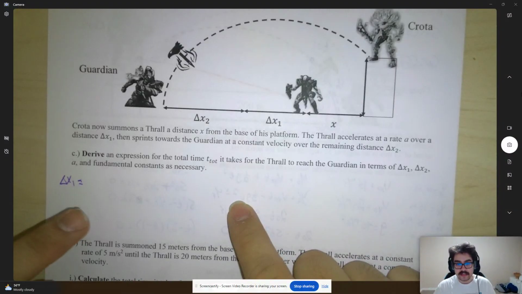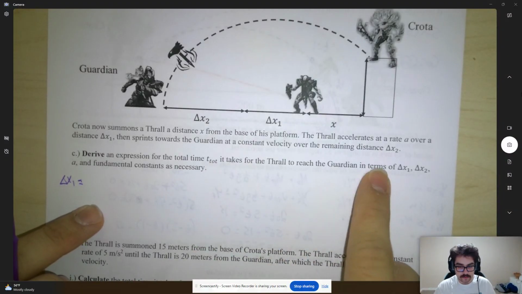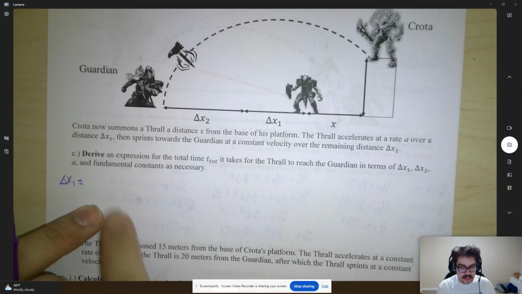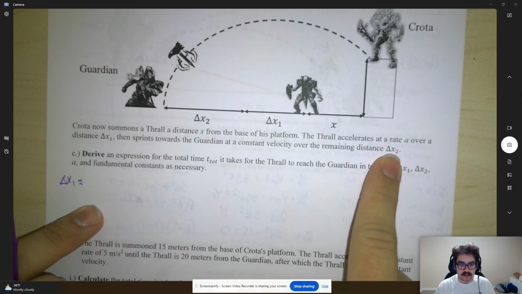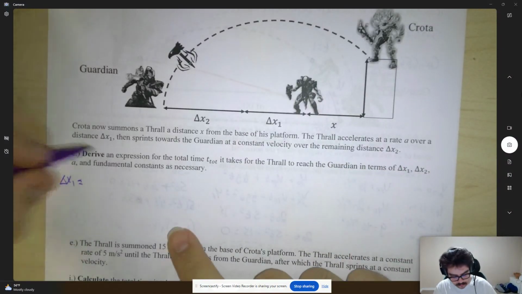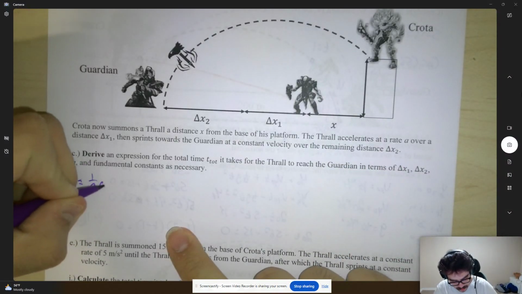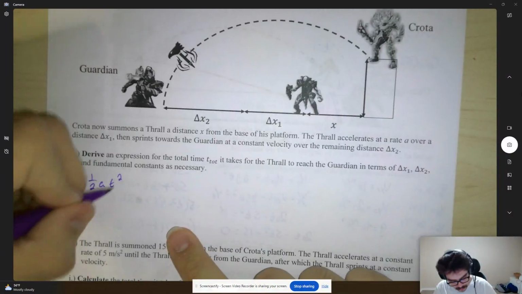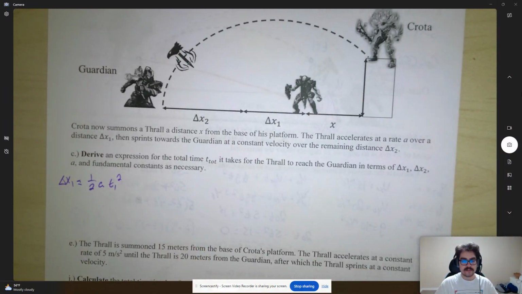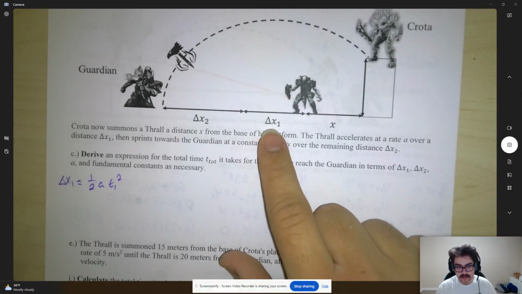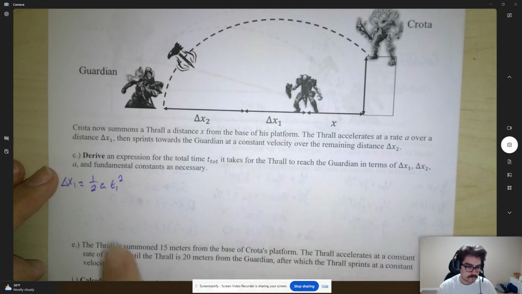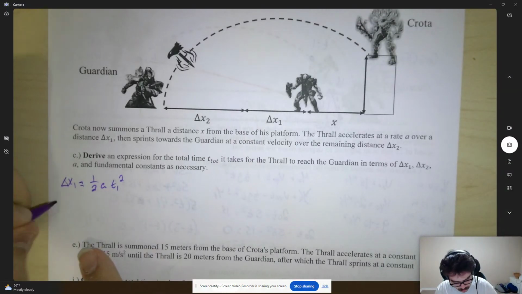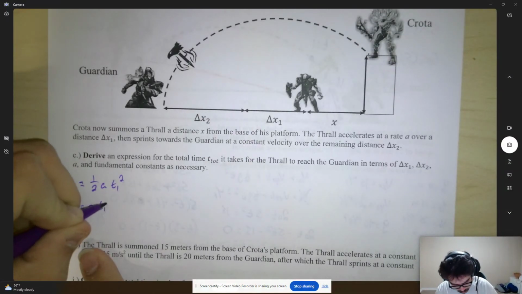Plus v naught times t. Well, his initial speed is 0, so we're going to ignore it. And then his acceleration is a, so he's just going to be 1/2 a t squared. I'm going to call this t1 because this is the time it takes for him to complete segment 1. Multiply by 2, I get 2 delta x1 equals a t1 squared.